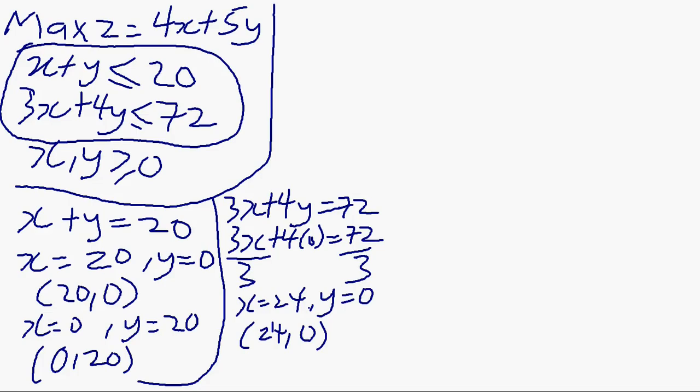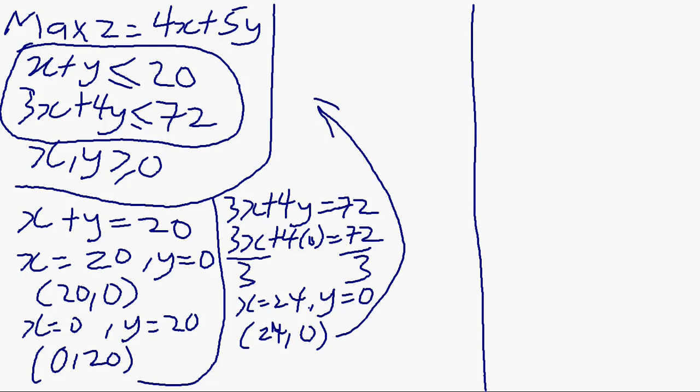right? Then we do the same thing for y. So if we want to get y, then we have to equate x to 0, right? So 3 into bracket 0 plus 4y is equal to 72, divided by 4, because here is already 0.